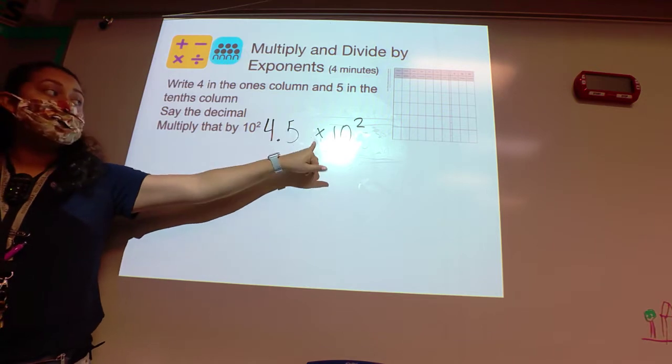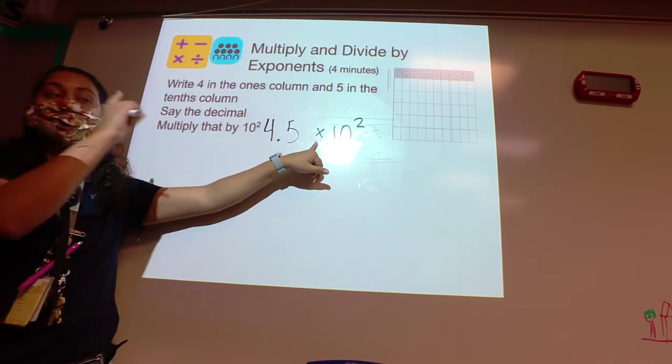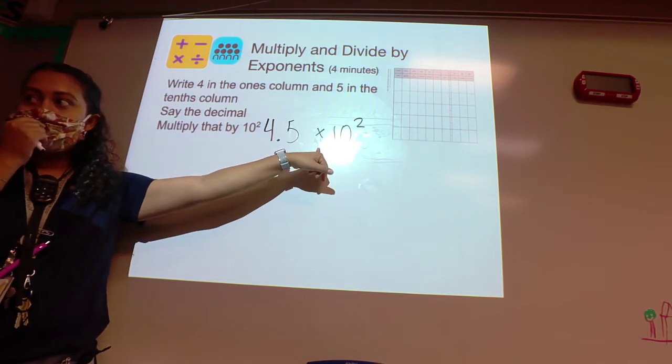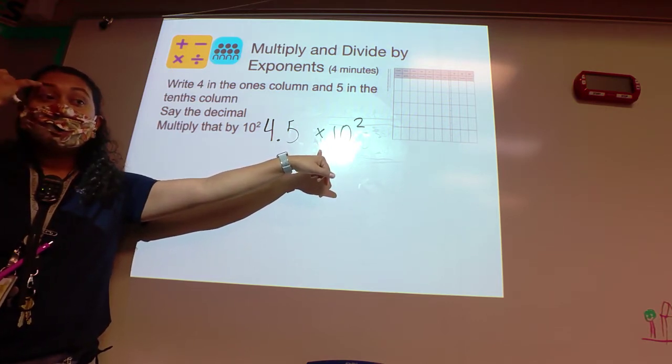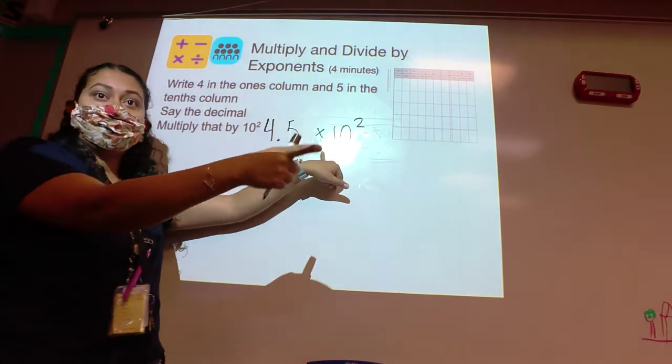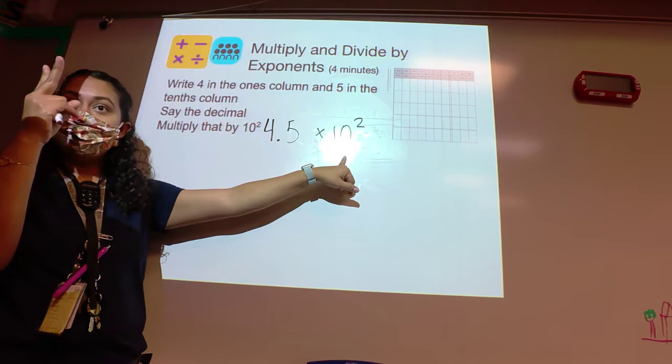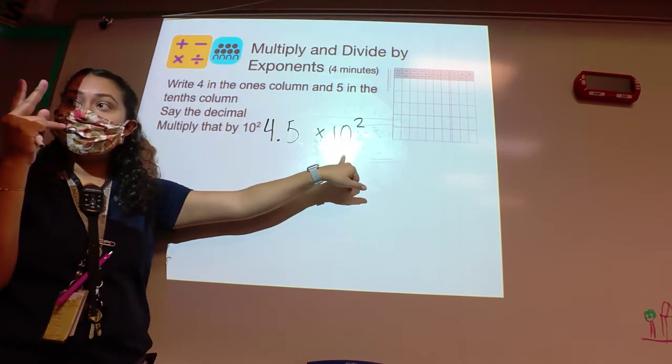Since we're multiplying, are we shifting to the left or to the right? To the left. Good. How many times? 2 times, because there's 2 powers of 10.